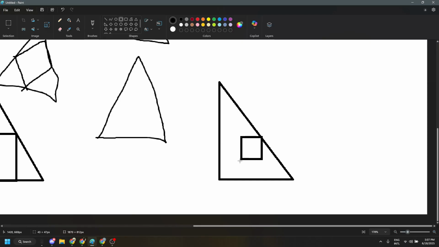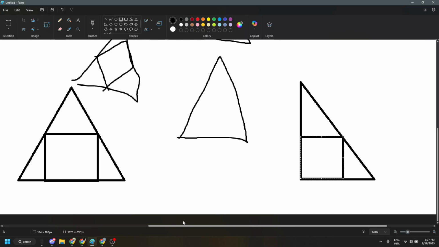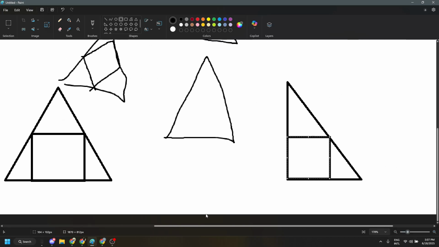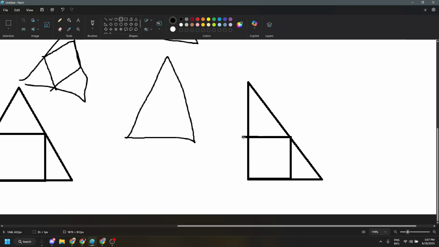This is the square. That makes no sense. Oh, because this is half the side length. So if I do this, it's like this, but I have to make it equal.